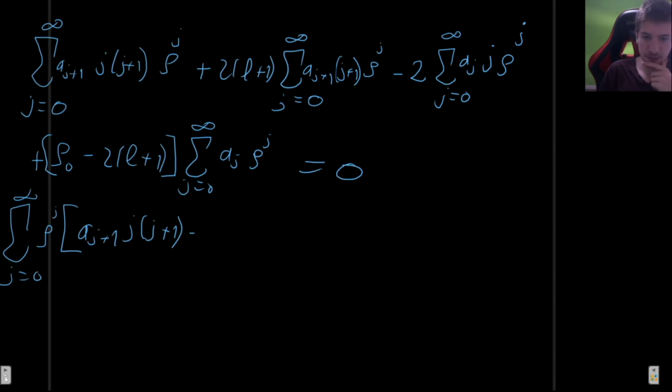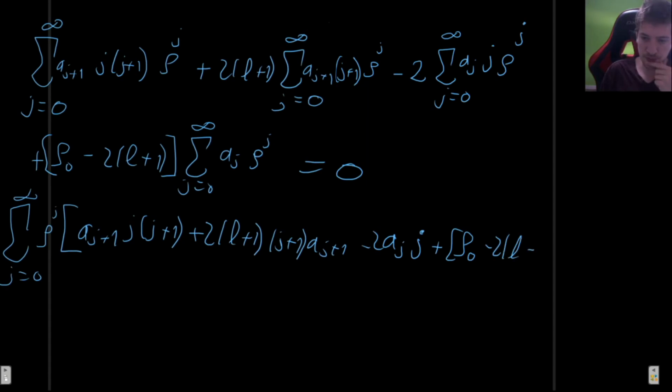Then we have here plus 2l plus 1 times j plus 1 times a j plus 1, and then we have minus 2 aj times j, and here we have plus rho 0 minus 2l plus 1 aj, and this has to be equal to 0.